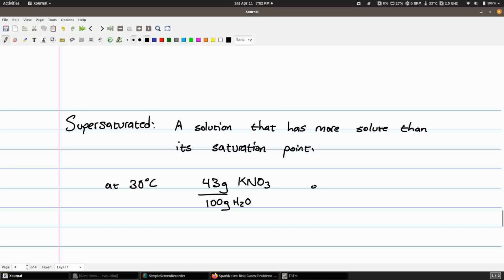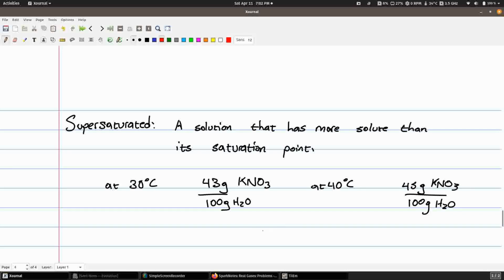Well, let's say at 40 degrees, we have 45 grams KNO3 over 100 grams H2O.